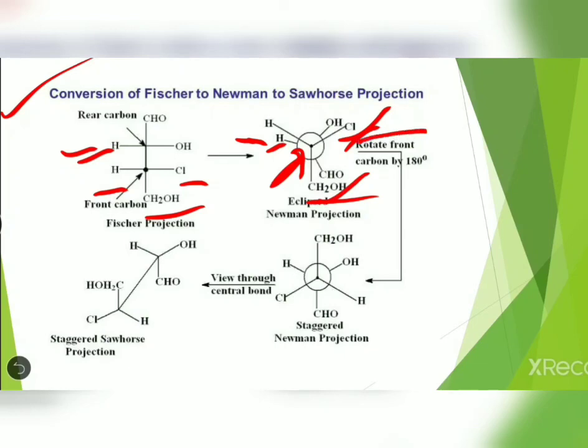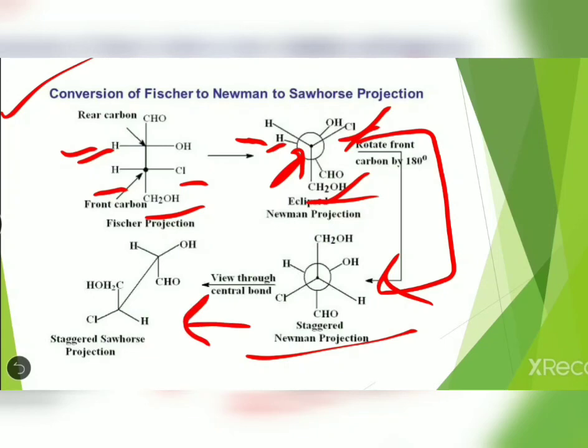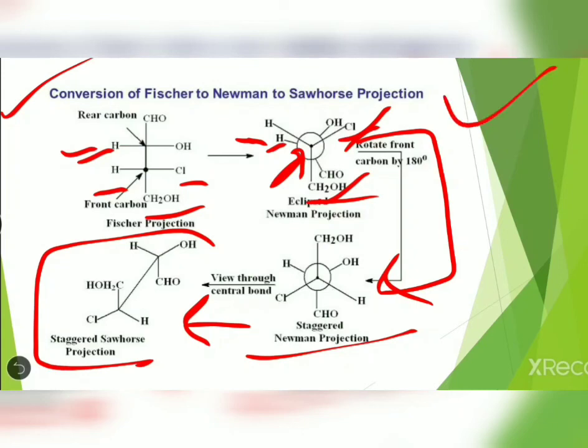When we rotate the front carbon by 180 degrees, we will get the staggered conformation of the Newman projection. And when the carbon-carbon bond is viewed at a 45 degree angle, we will get the Sawhorse projection. This is how the conversion is done, and it is very important and frequently asked in exams.